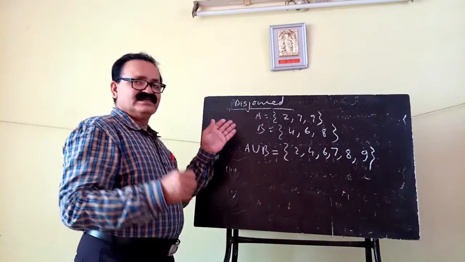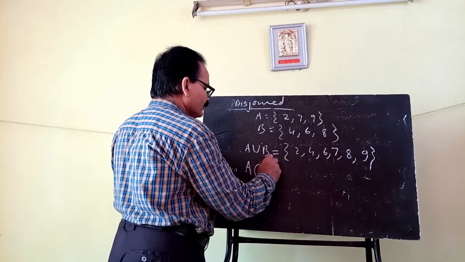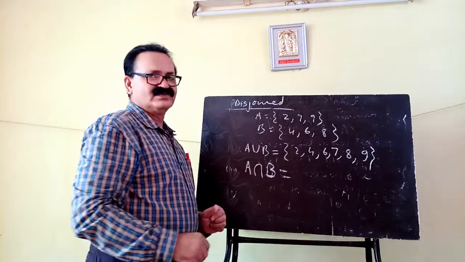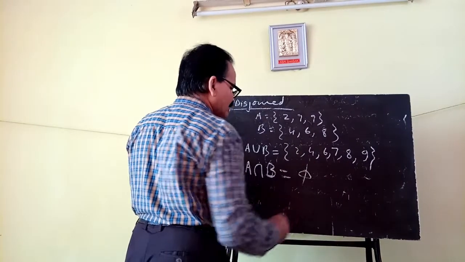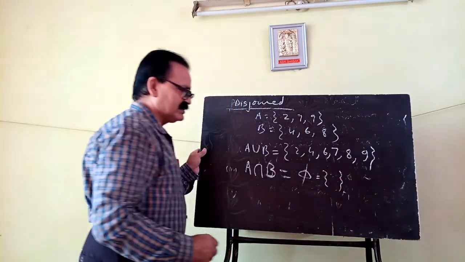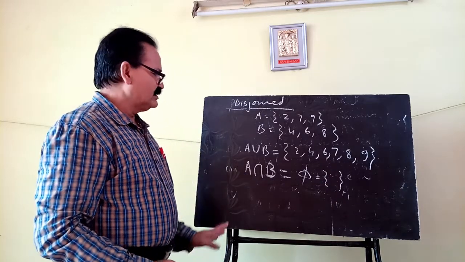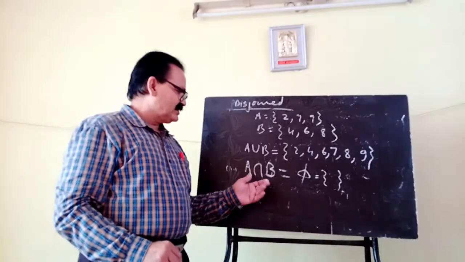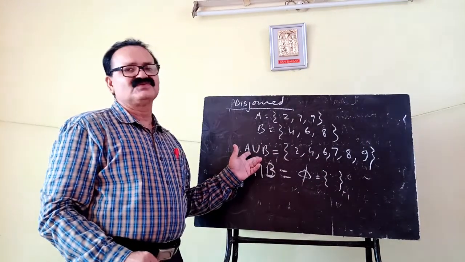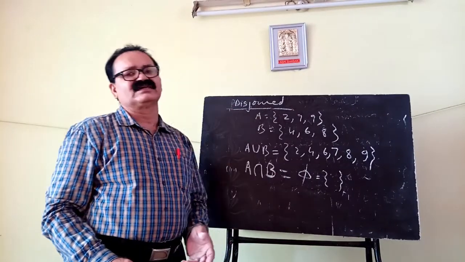But for intersection, A intersection B, since there is no element common between these two, the answer will be the null set. Or you can write it in this symbol, or just put curly brackets with no element present inside. So for disjoint sets, A intersection B is a null set, but for the union of two disjoint sets, we will have the elements of both sets together.